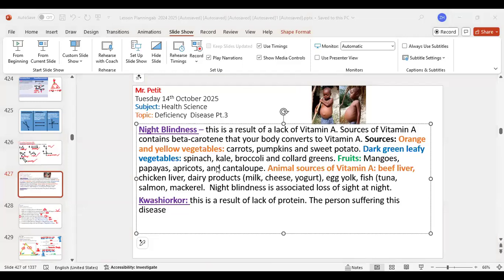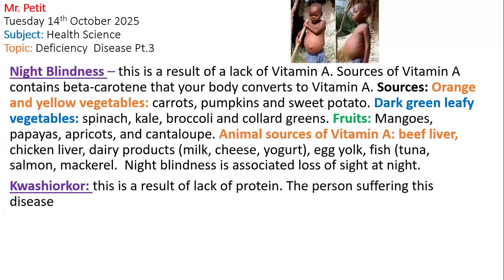Because a lot of deficiency diseases are common in there. Okay, that's a very good question. When we introduce deficiency disease, we talk about it being prevalent in places where they cannot afford much, where it's poverty stricken. So wherever you have poverty stricken areas, you're going to have deficiency disease because they don't have the means to get the right type of nutrients.